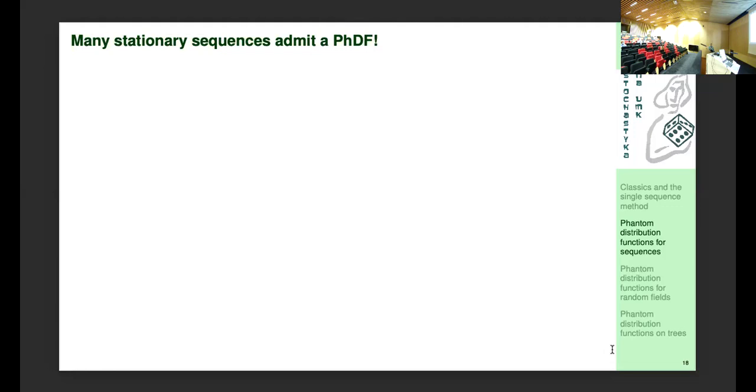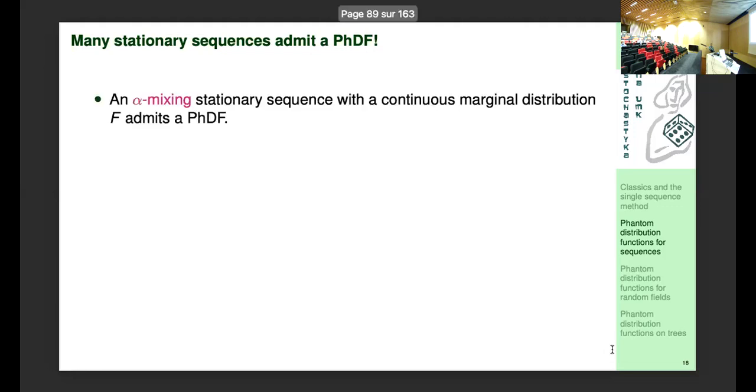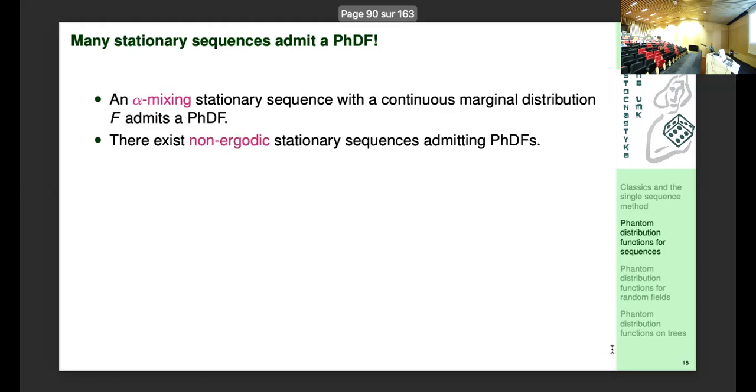In fact, many stationary sequences admit a phantom distribution function. For example, any alpha mixing stationary sequence with continuous marginal distribution admits a phantom distribution function. There also exist non-ergodic stationary sequences admitting a phantom function.